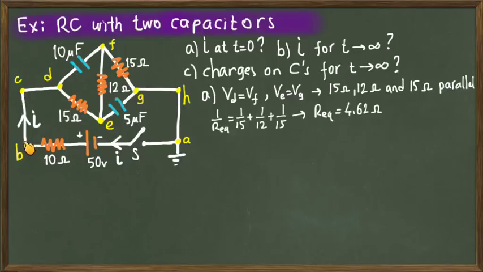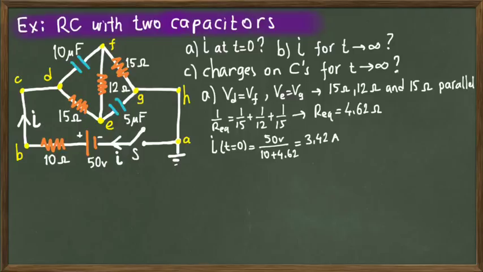That means the equivalent resistance of the circuit is 10 plus 4.62, and once you know this total equivalent resistance, by using Ohm's law you can find the current initially at time t equals 0 as 50 volts divided by 10 plus 4.62, and this is 3.42 amperes for the main branch current at time t equals 0.